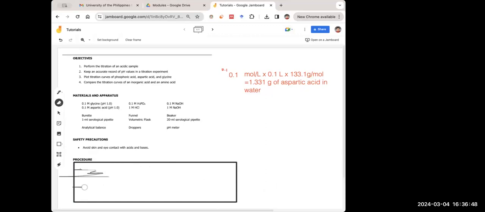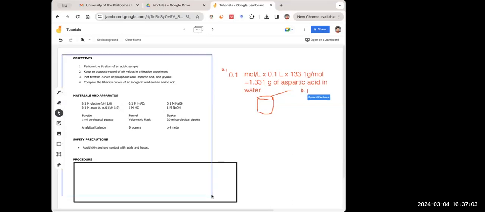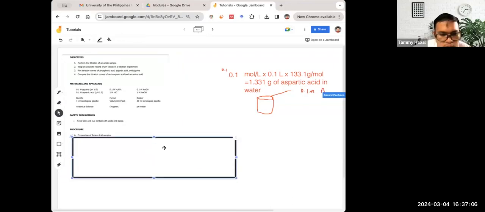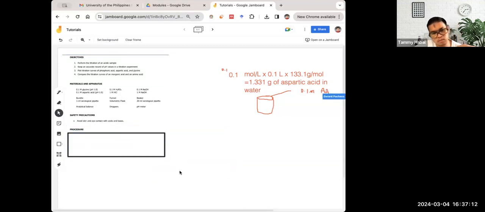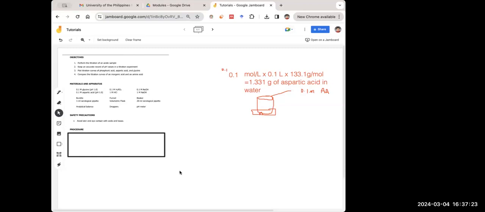It's not working. Okay. Oh, you have a bigger space now. Okay, and then.